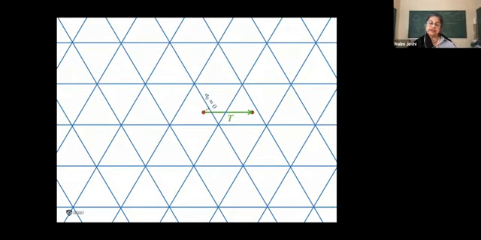So if this edge is given by A0 is equal to 0, then the orthogonal projection gives me a value of A0. It's the distance to that edge in that direction. And then I take a similar orthogonal projection to the other edges, and those give me the values of A1 and A2. Obviously, I'm using 3 coordinates to describe a 2-dimensional point, so there has to be a relation between them, and I'll come back to that.